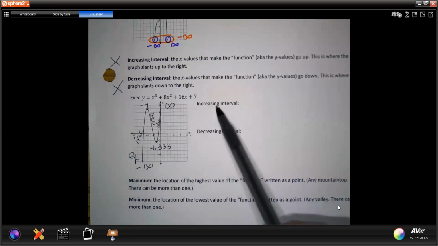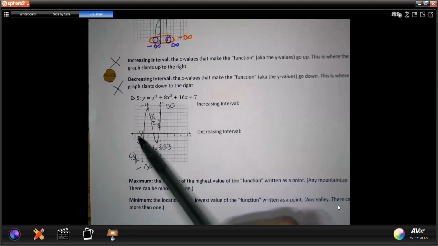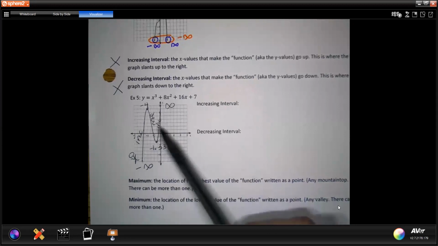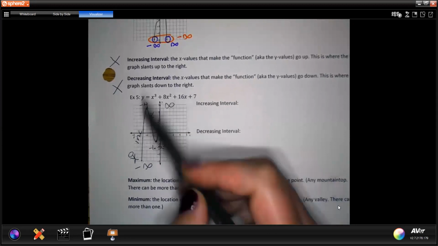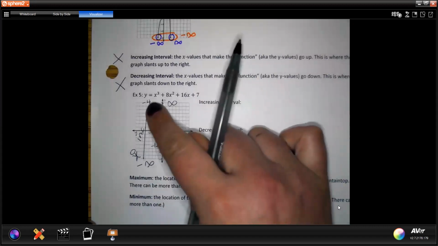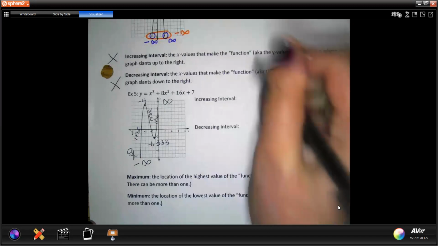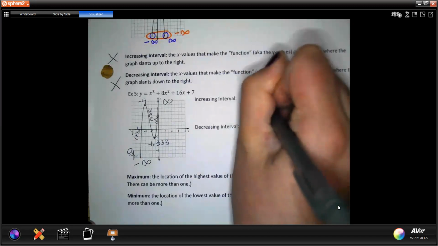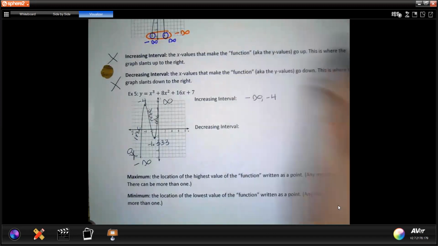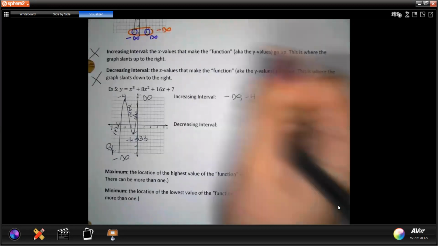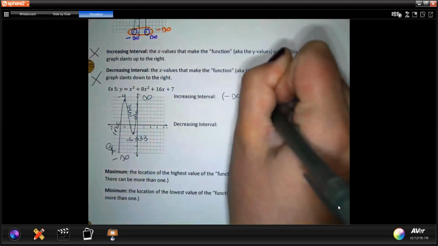So for the increasing interval, I have two answers. My first increasing interval answer is from -infinity to -4. So I'll write -infinity to -4. And when I do increasing intervals, there are parentheses around both sides.